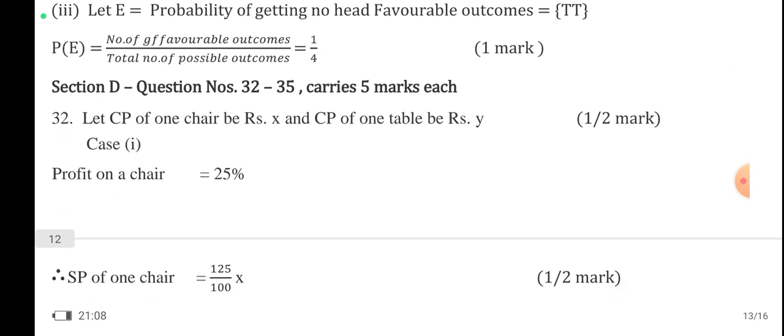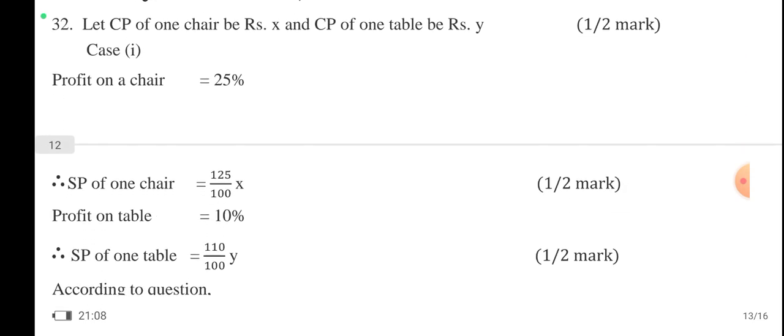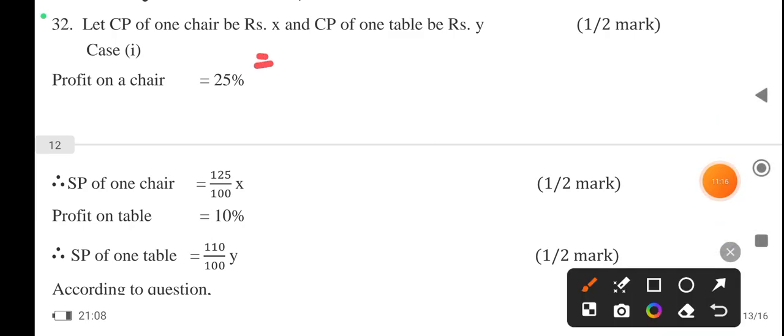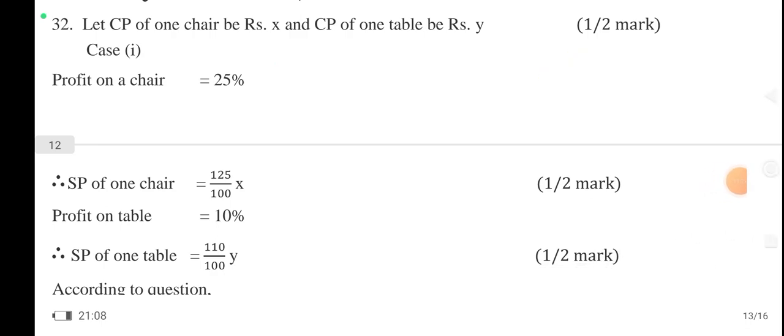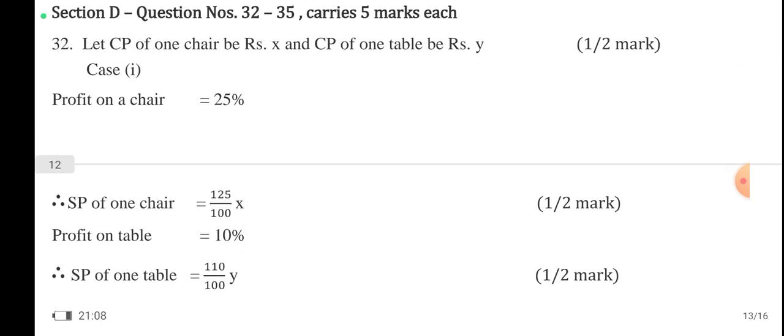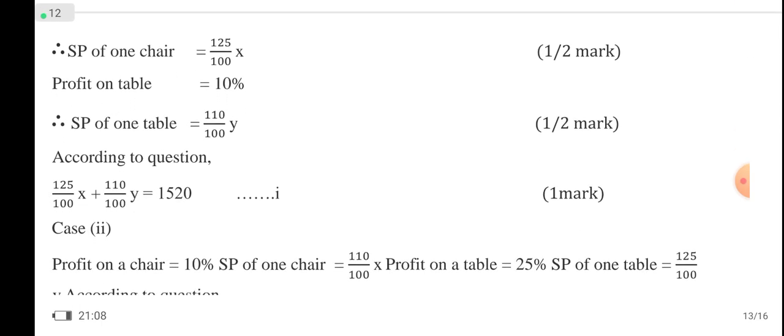Then 32, that profit question. Cost price of chair is rupees x. See, just writing cost price of chair rupees x and the other y carries half mark, so kindly write the given properly. Then selling price of one chair, profit, table.